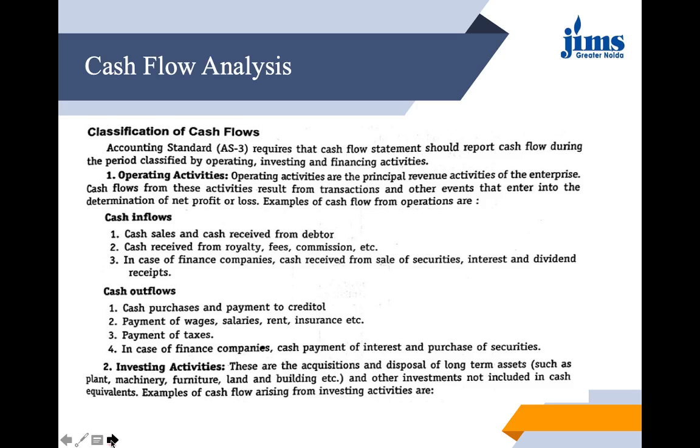Cash received from sale of securities, interest, and dividend receipts are also considered as cash inflows because they deal in that business only. Then cash outflows, we can have cash purchase and payment to creditors, payment of wages, salaries, rent, insurance, payment of taxes, and in case of finance companies, cash payment of interest and purchase of securities are there.